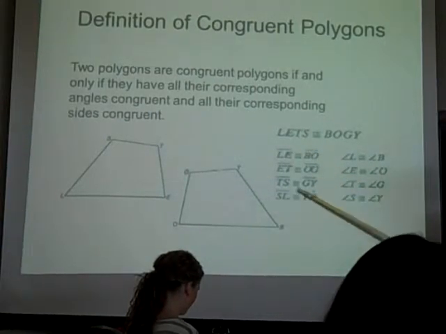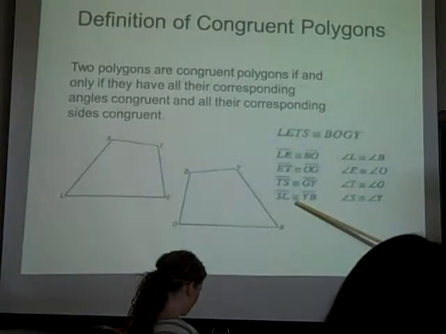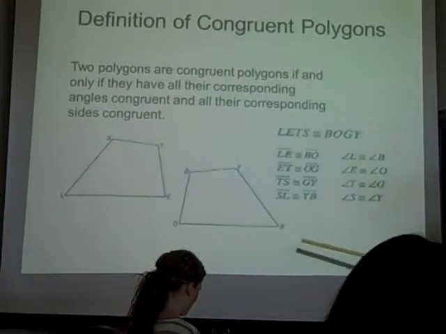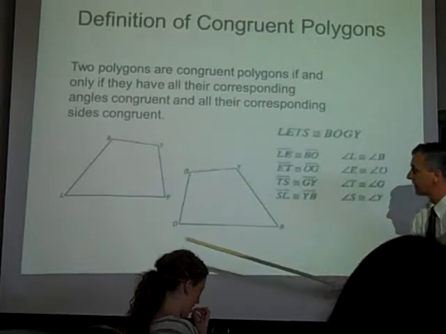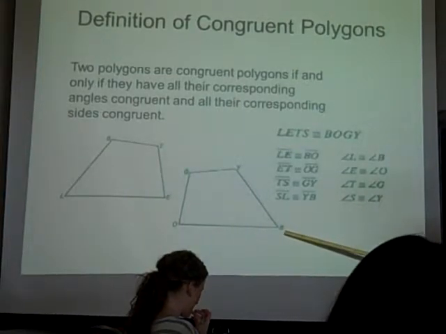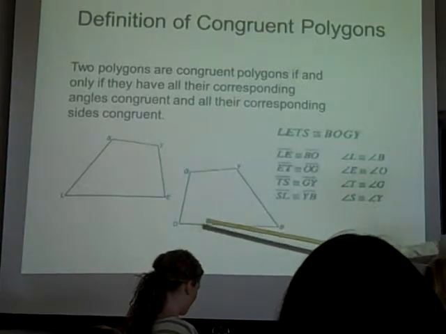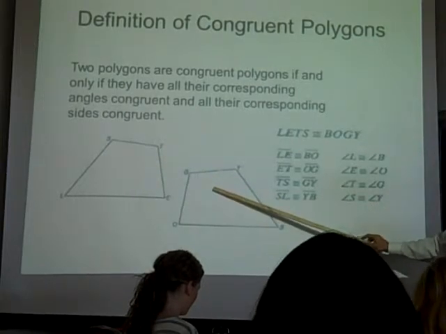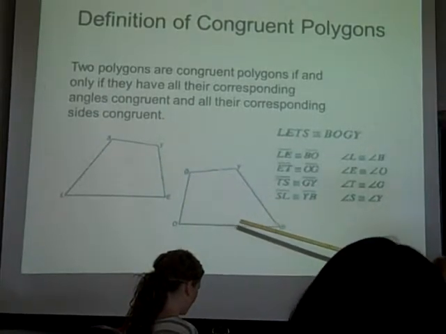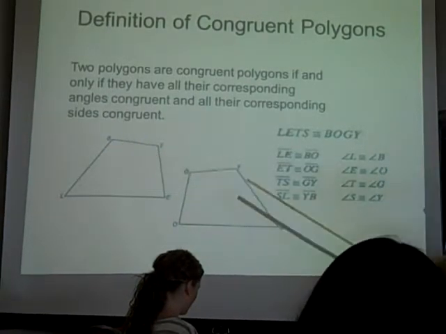So there's the four pairs of corresponding sides for this quadrilateral. The corresponding angles: angle L is congruent to angle B, angle E is congruent to angle O, angle T is congruent to angle G, and angle S is congruent to angle Y.